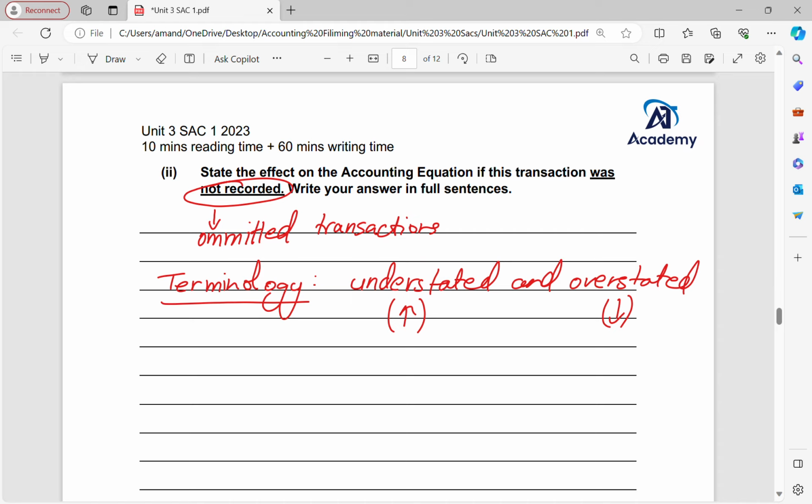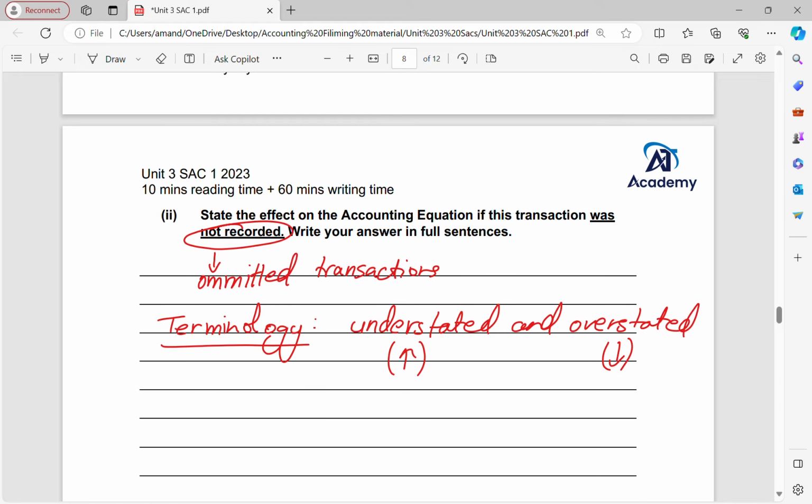And this is probably a quick trick, because sometimes you can get confused. I know it's kind of stupid, but when something increases and you didn't put it in, it's been put lesser than it actually is. Sometimes thinking about it intuitively makes sense. Overstated is when it's being put higher than it actually is, because we've not put in the decrease.